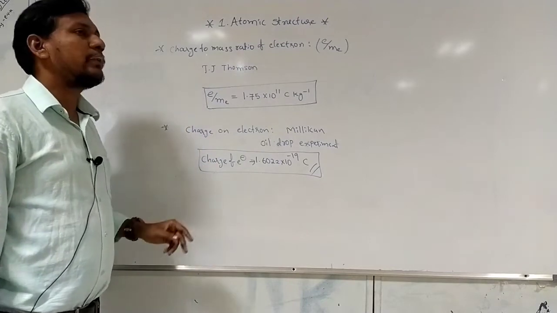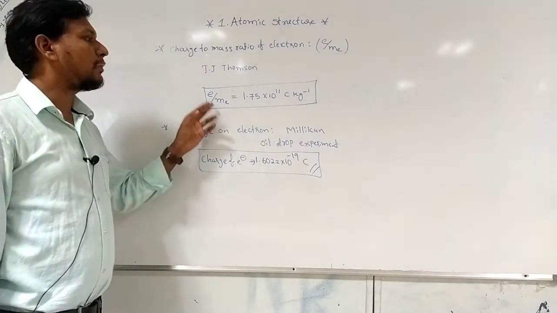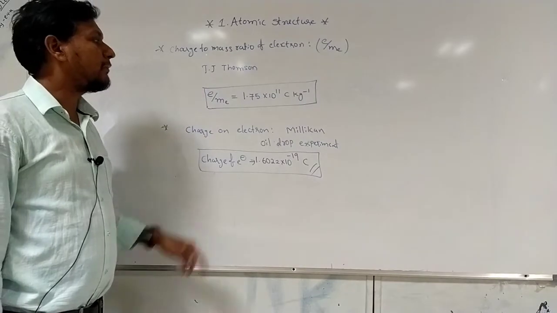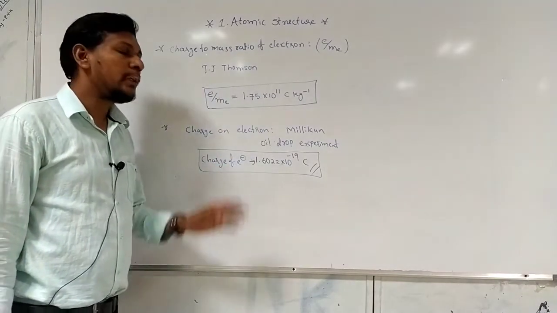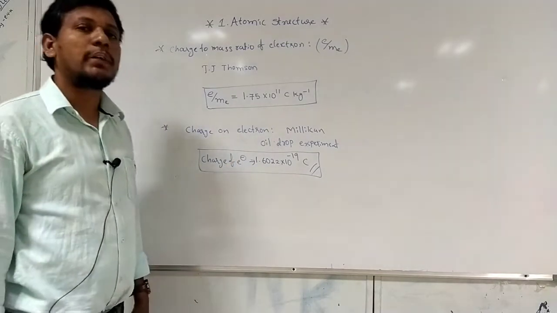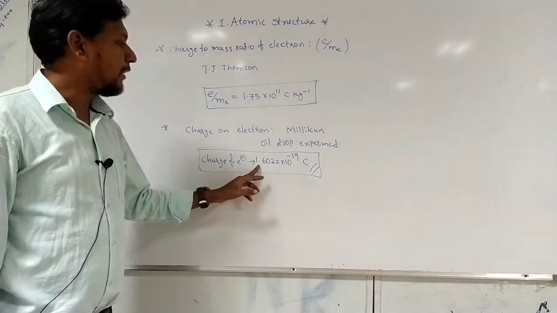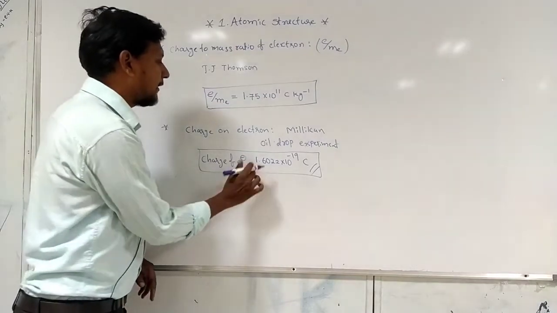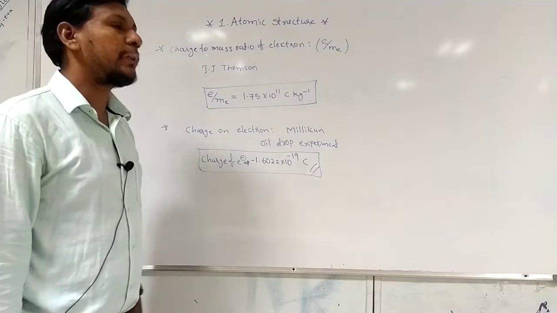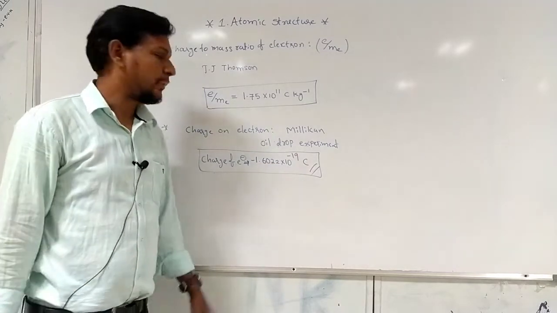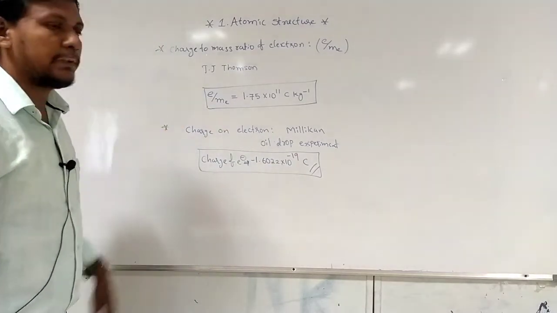Whenever you go into numerical problems, you must directly know the charge to mass ratio of the electron, 1.75 × 10^11 C kg^-1, and the charge of the electron, -1.6022 × 10^-19 coulombs.